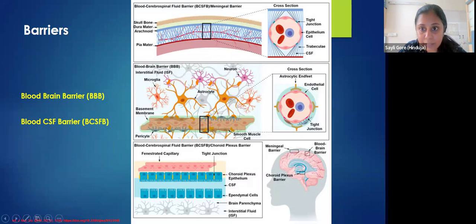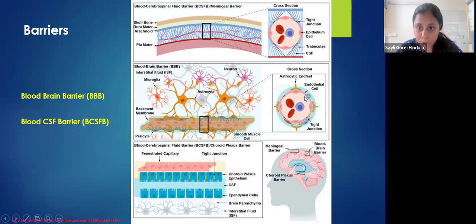This is the picture of the blood-brain barrier at a cellular level. Any barrier in the body consists of endothelial lining, but in the brain it is a very tight junction of the endothelial lining.